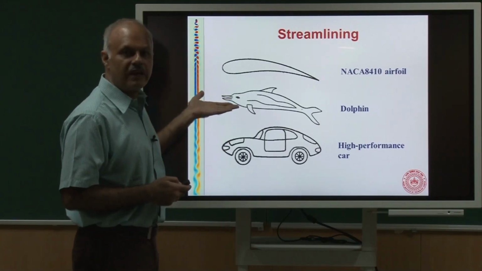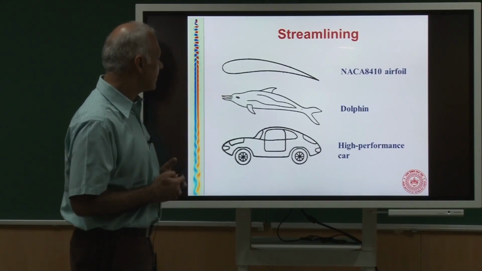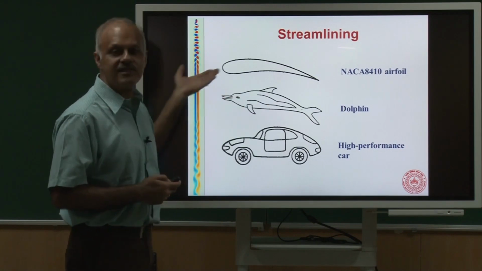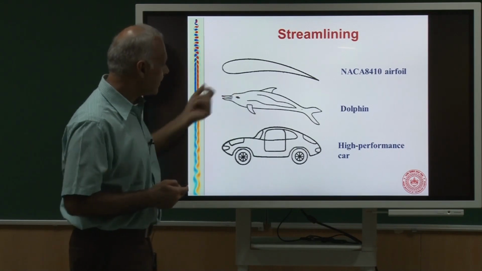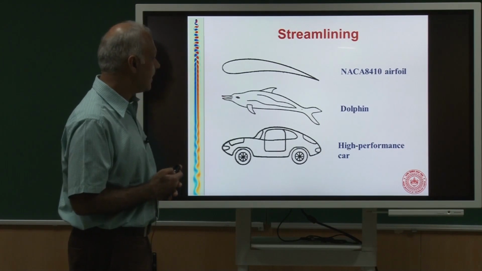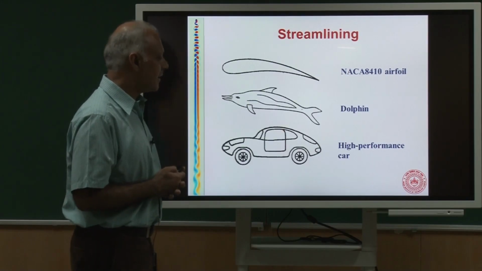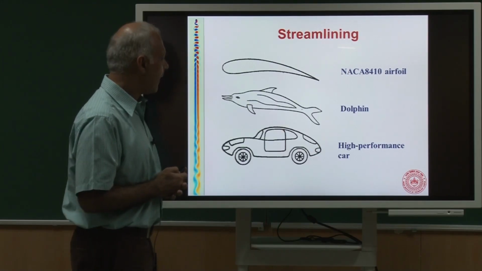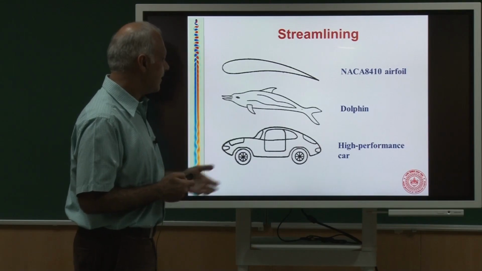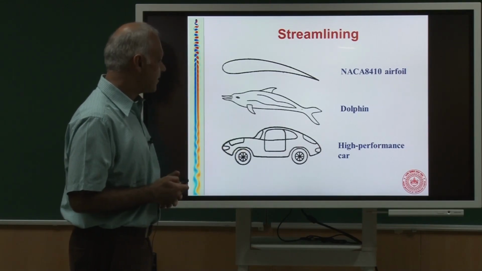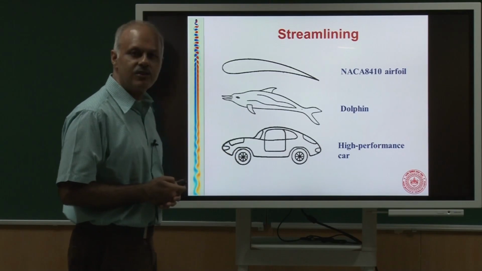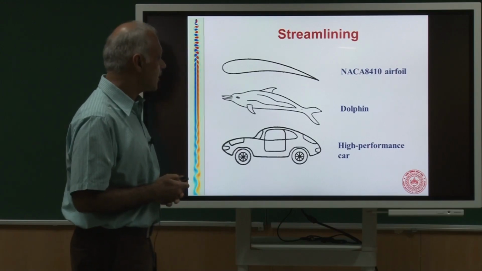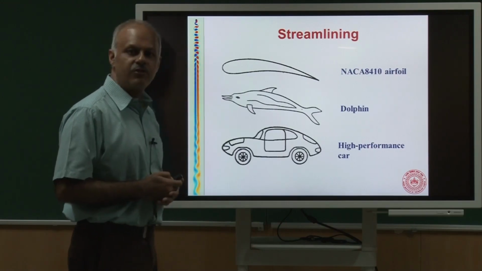So if you look at fish, you look at some mammals, for example, dolphin is highly streamlined, and in fact it has some special things on its skin. Shark has some special things on its skin, and they have very little drag. This is a car which kind of illustrates that you can use streamlining to reduce the drag, and of course we use airfoils for wings.